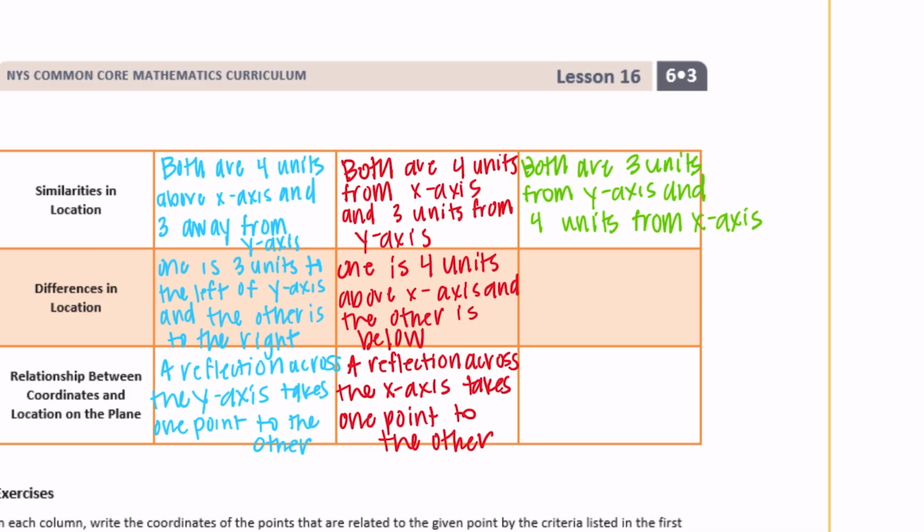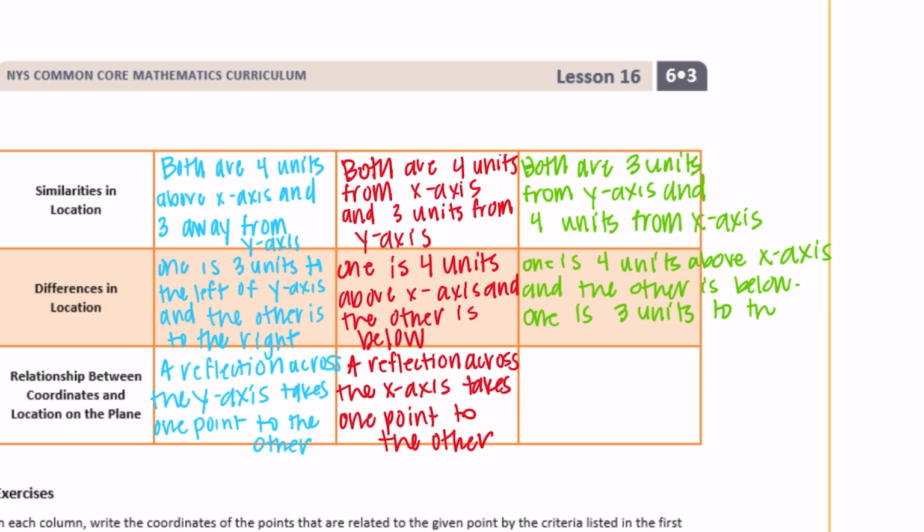So let's say one is 4 units above the x-axis, and the other is below. And one is 3 units to the left of the y-axis, and the other is to the right.